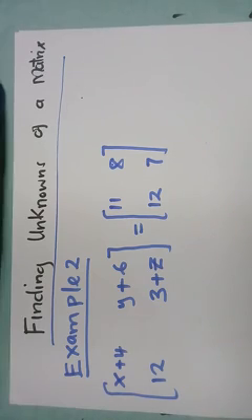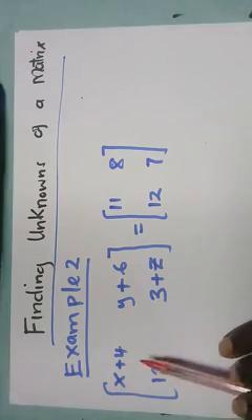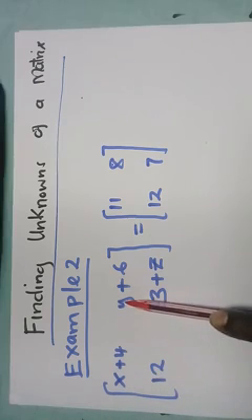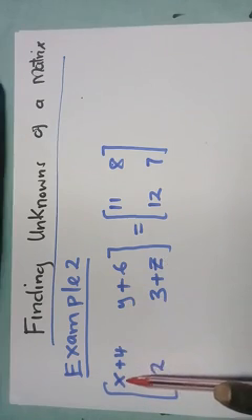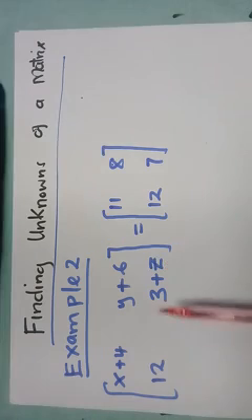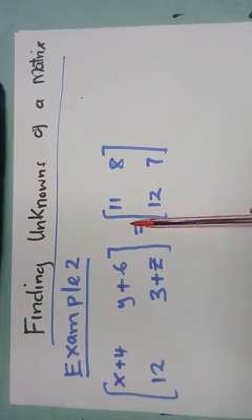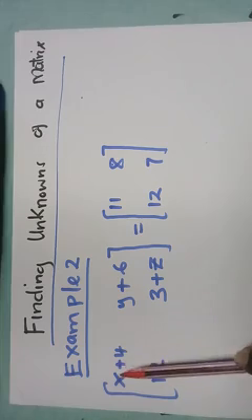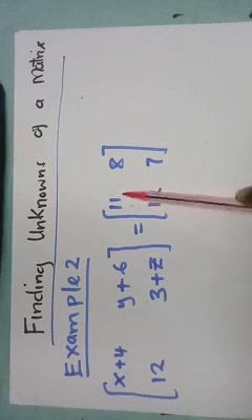Therefore, we can perform simple algebra to help us determine these unknowns. In this case, we have the unknowns as x, y, and z. We are trying to determine the values of x, y, and z. Because these matrices are separated by an equal sign, the elements must be equal.